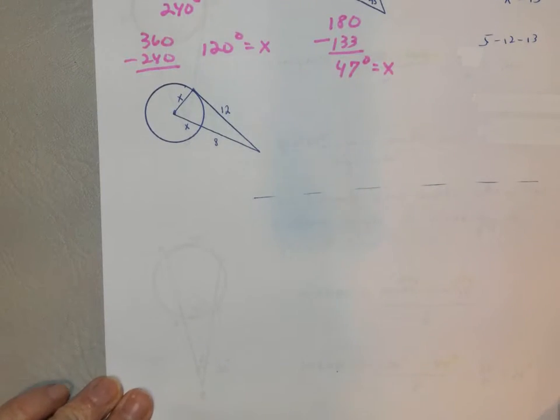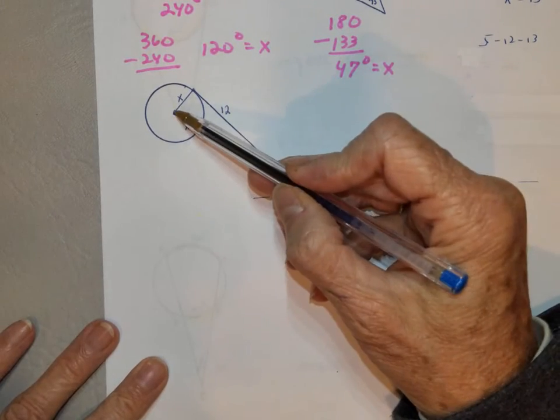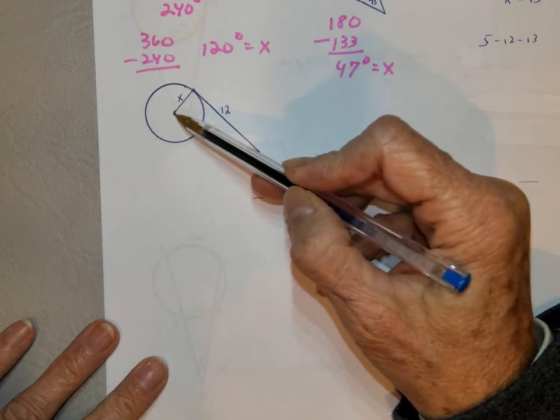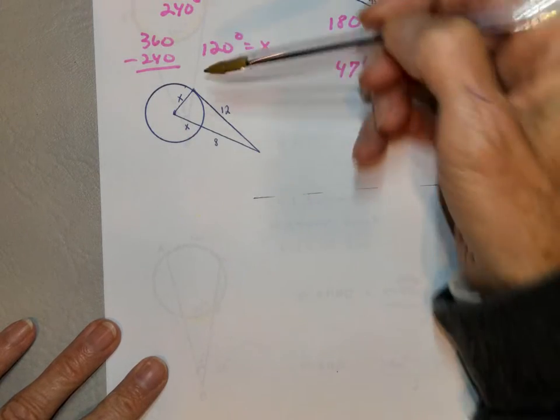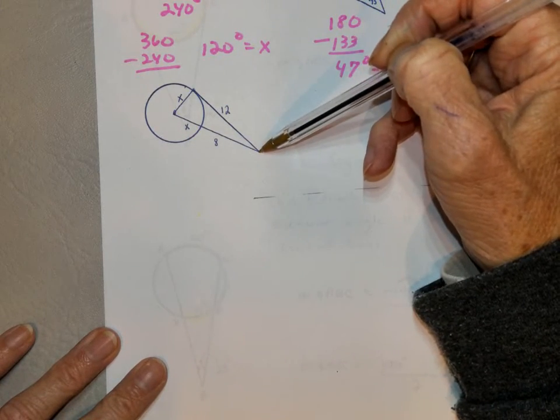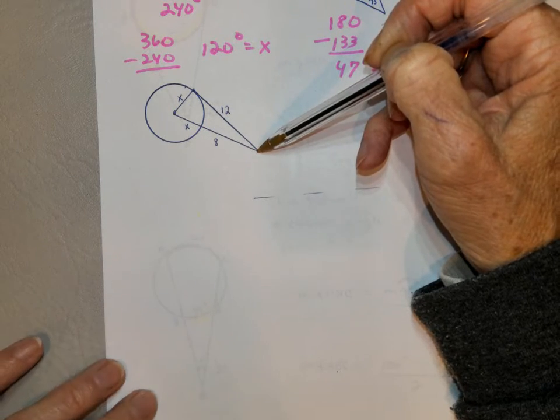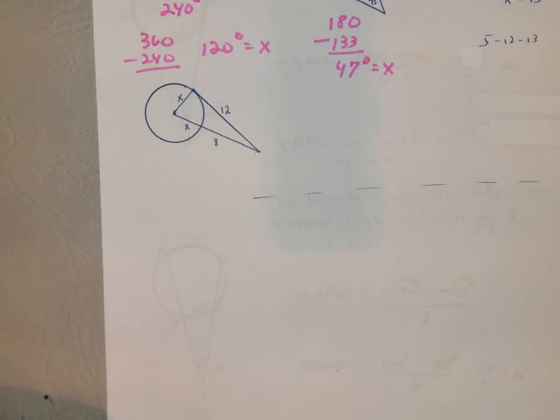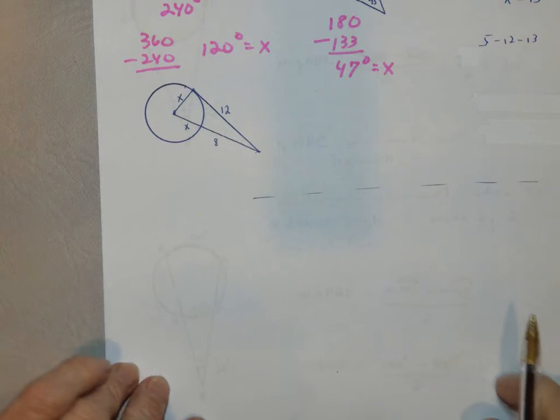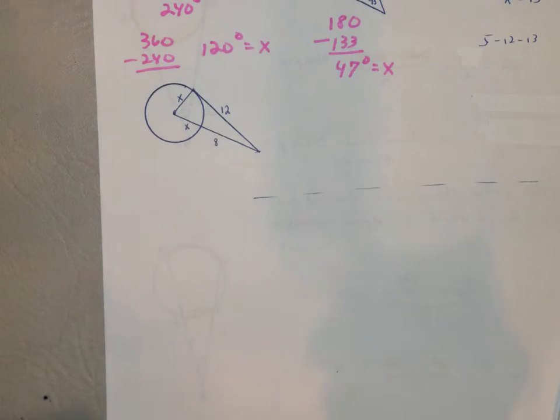Now, on this last one here, we have the radius is X, and we know that this piece is X as well. This side is 12, and from here to here, it's 8. So how are we going to do that one? Let me see. Well, here we have to use the fact that we have a right triangle.